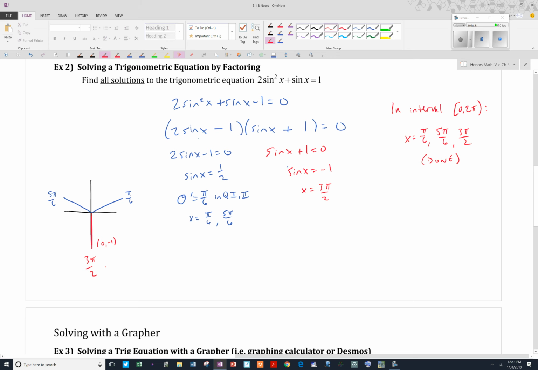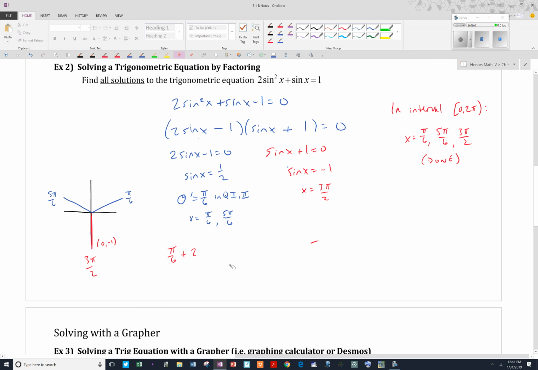So what we could do is write pi over 6 plus 2n pi, 5 pi over 6 plus 2n pi, and then 3 pi over 2 plus 2n pi, and just say each of those angles and all of their coterminal angles. That would cover all the solutions.